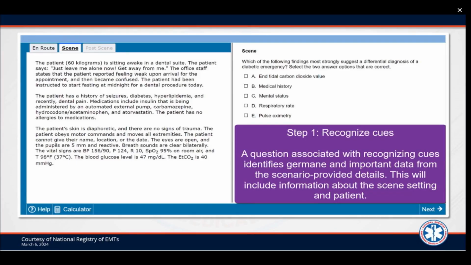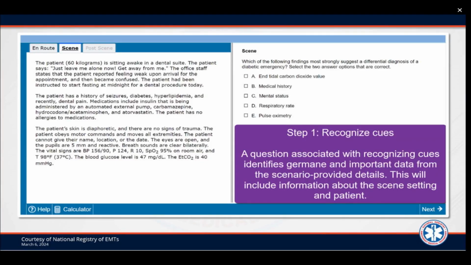The vital signs: blood pressure 156/90, pulse 124, respirations 10 with pulse ox 95% on ambient room air, and the temperature is 98 degrees Fahrenheit. The blood glucose level is 47, okay, 47. The end-tidal CO2 is 40 millimeters of mercury.